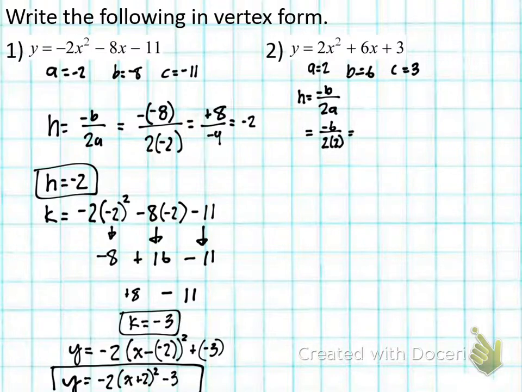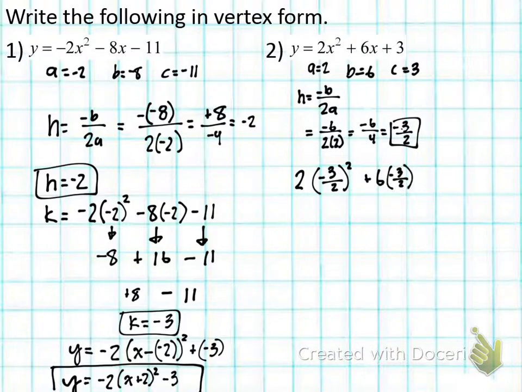This one's going to be a little bit different. So we have negative 6 over 4, which is just like saying negative 3 halves. So this is a fraction now. It's a little bit more difficult. That's our h. For our k, we have to plug it back in, so it's going to be 2 times x squared, which is negative 3 halves squared, plus 6 times negative 3 halves, all plus 3.